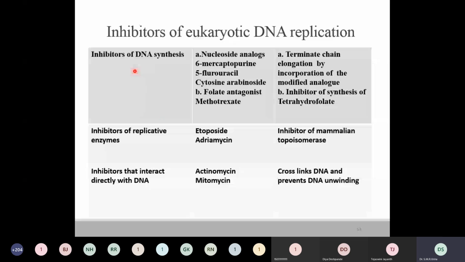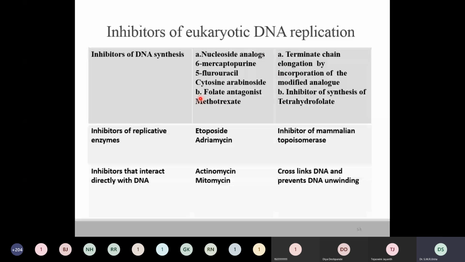If you take the inhibitors of DNA synthesis, most of them are nucleoside analogs. You would have studied about nucleoside analogs in the previous classes. 6-mercaptopurine, 5-fluorouracil, cytosine arabinoside. All these, when they are incorporated into the growing chain, cause premature termination of chain elongation.